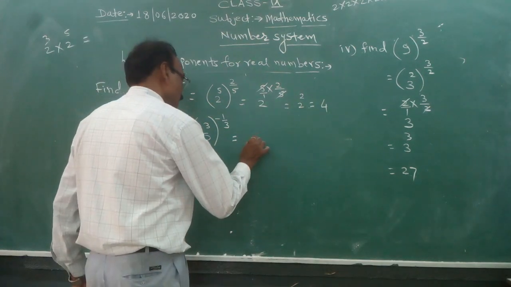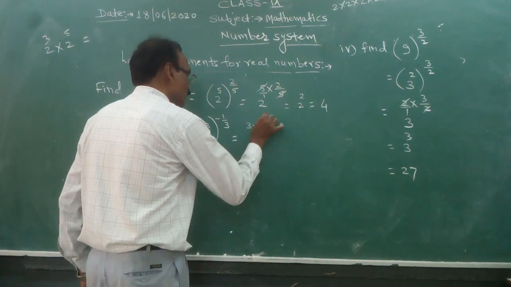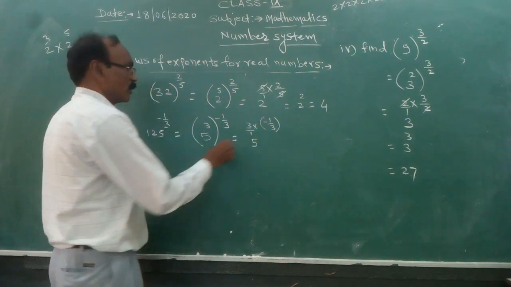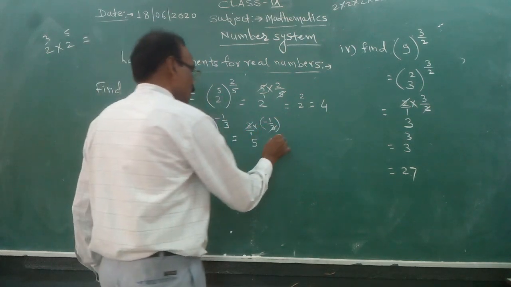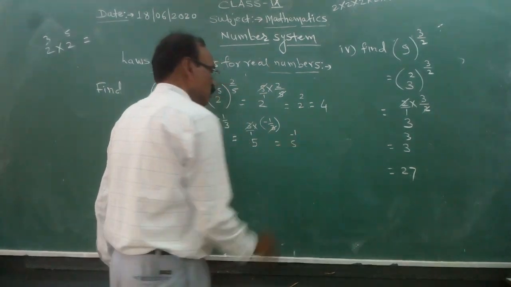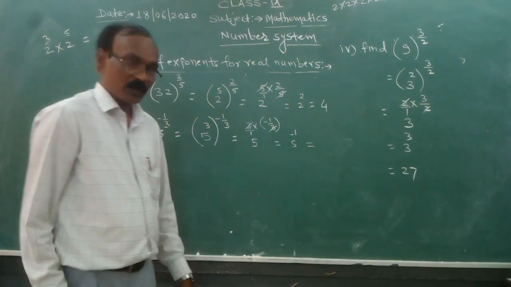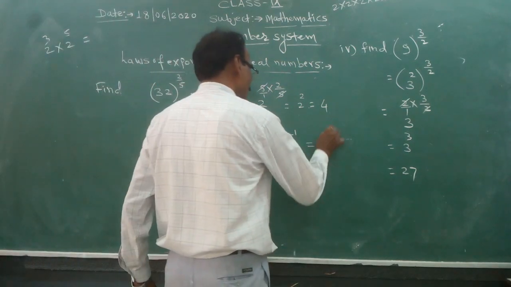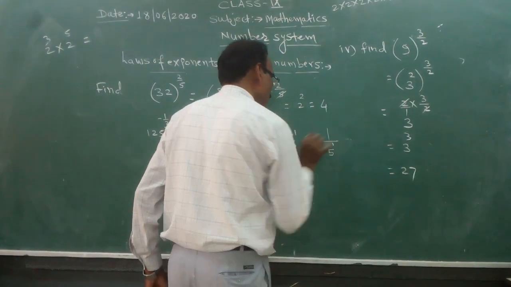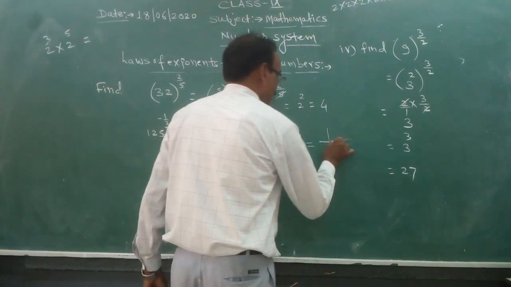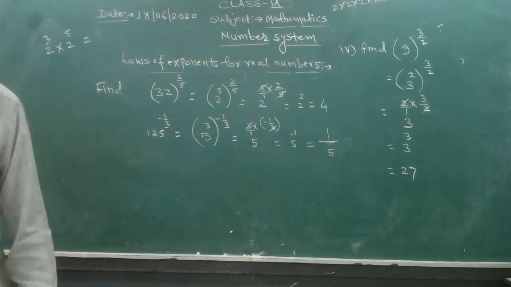So that is 5 raised to the power 3 into minus 1 by 3. Denominator 1 है, cancel this 3. So you get 5 raised to the power minus 1. If I want to change the power as positive, you take 1 upon 5 raised to the power 1. 5 raised to the power 1 is 5 simply, so 1 upon 5. Answer is 1 upon 5.